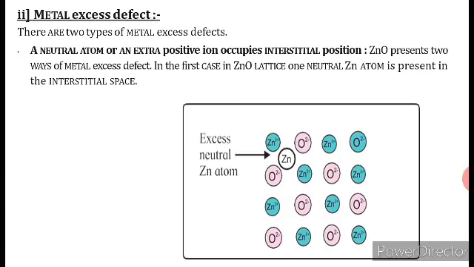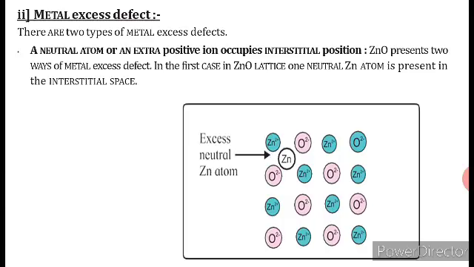Obviously, if an extra metal atom is present, the volume is the same but the mass is increased. So due to this type of metal excess defect, the density of the crystalline solid will increase.